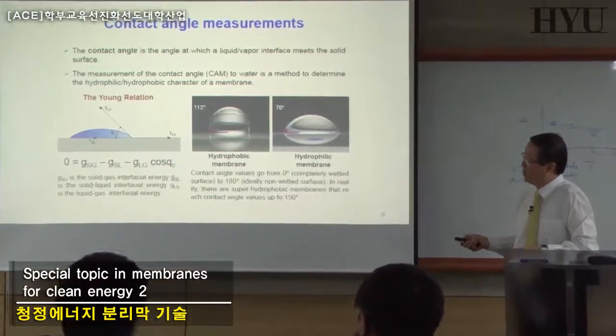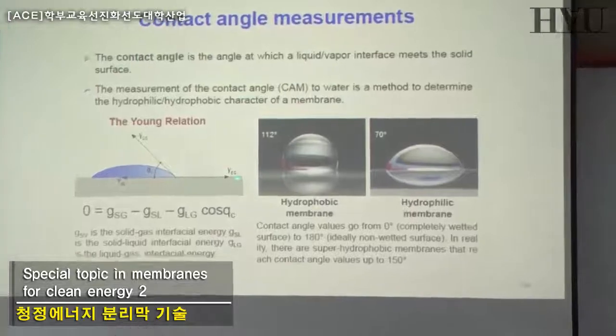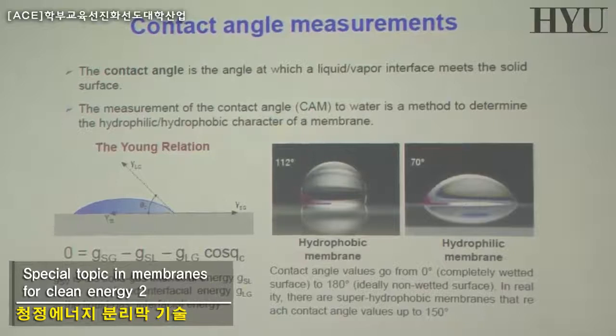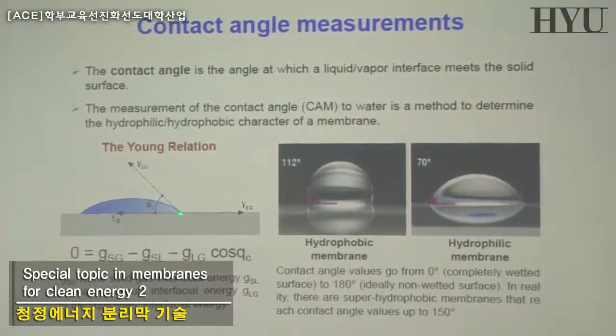When we have a surface of the material, and you put water on top of the surface, the angle between the liquid and the surface is called the contact angle. If the contact angle is zero, that means there is very good contact, very good spreading of the liquid on top of the surface of this material.